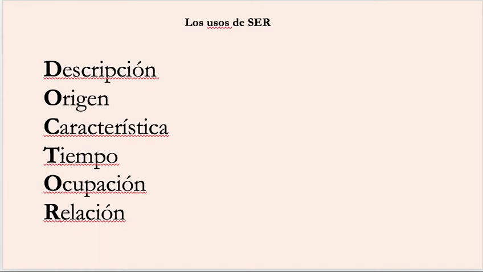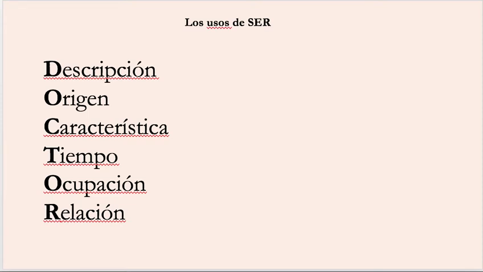For an example on each of these, descripción. El libro es caro. The book is expensive. Origen. Soy de Texas. I'm from Texas. Característica. Yo soy alto. I am tall. Tiempo. Es la una o son las dos. We'll be going over this in the next video.